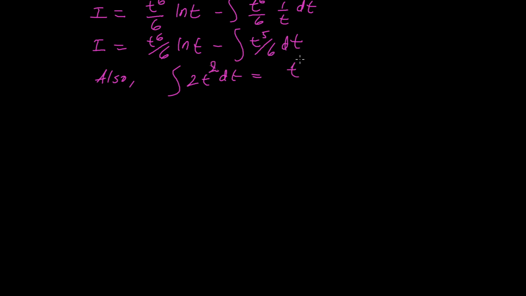And so that's going to be t cubed by 3, and you have a 2 there, okay, for that one. All right, so let's put everything together. We have on the right and the left side this, and now you have for this I integral, and this integral of t to the fifth by 6 is going to be another power.